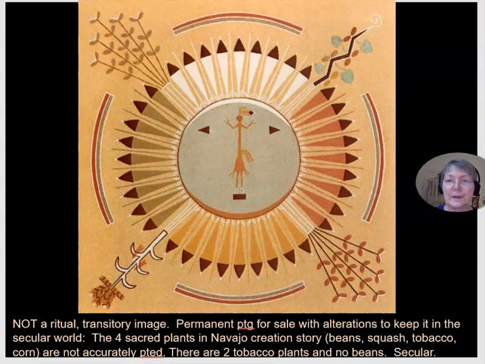The figure in the center is placed in a circle, and radiating out from that circle are feathers. Feathers are usually associated with prayer, and of course, as part of the ritual itself, we're calling on the holy ones to come and to assist and to help with the healing process. So I think the feathers are probably a reference to that. The feathers are broken into four separate segments, and we'd expect that.